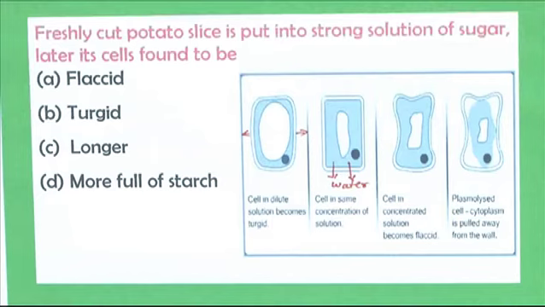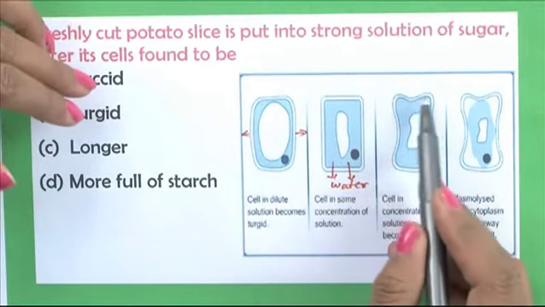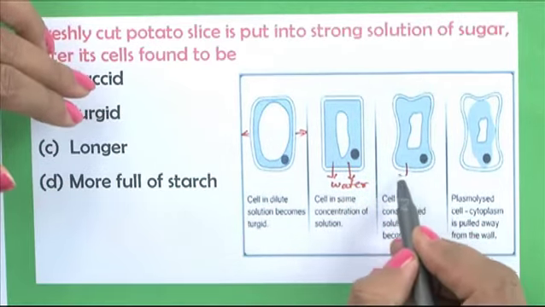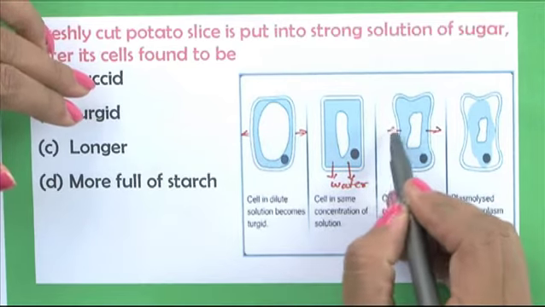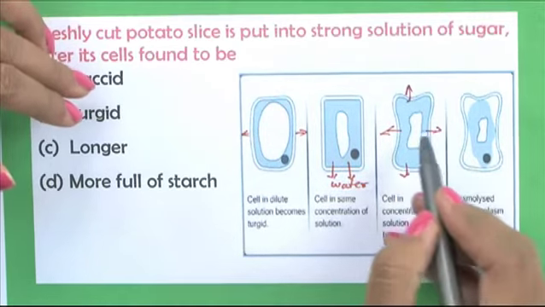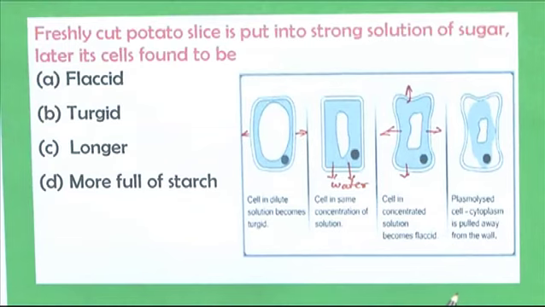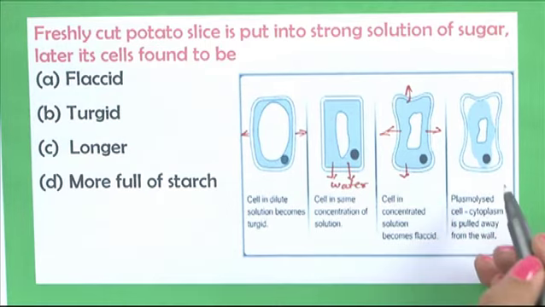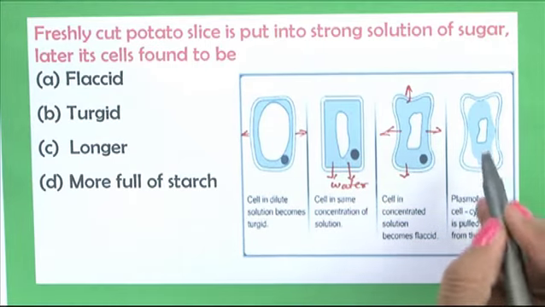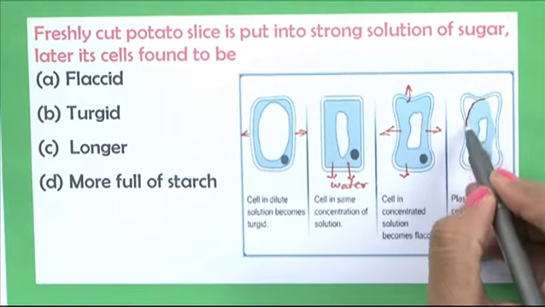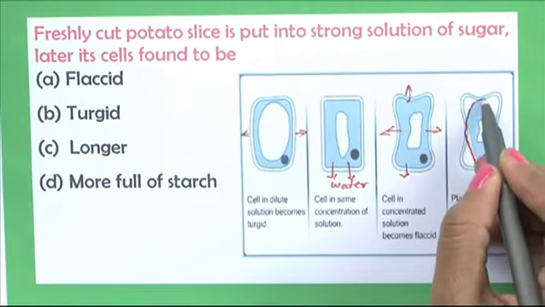But if you continue to retain it in the same hypertonic solution, then its shape is lost, because all the water content is lost from the cell. All this water is gone, so it becomes shrunken. We call it flaccidity, meaning the cell shape is lost. Then if it continues like that, the protoplast, you can see, gets shrunk.